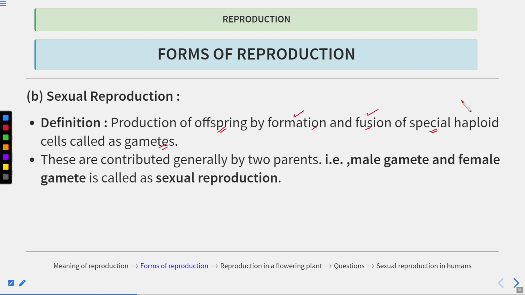These gametes are haploid, meaning they are N, they contain one set of chromosomes.